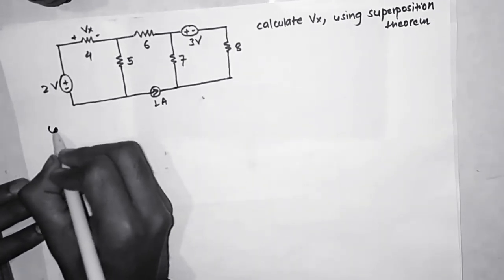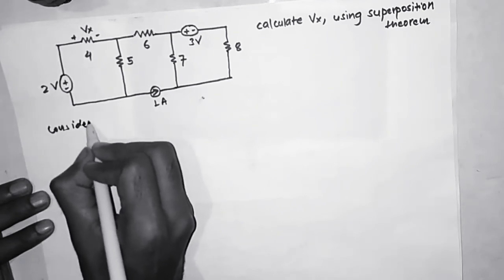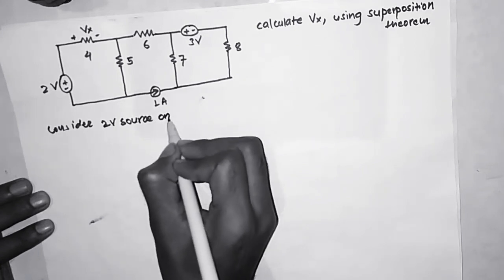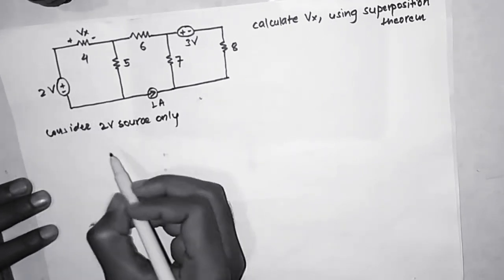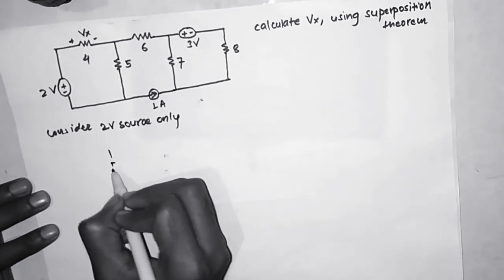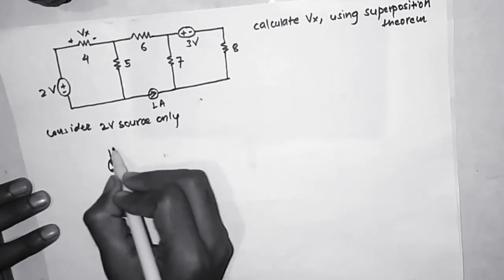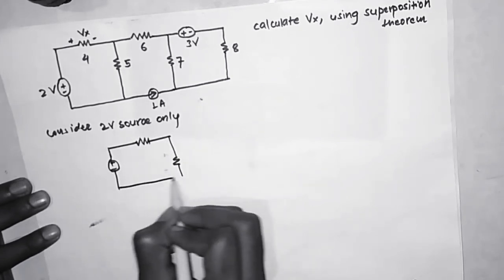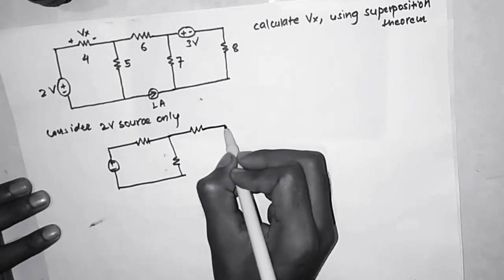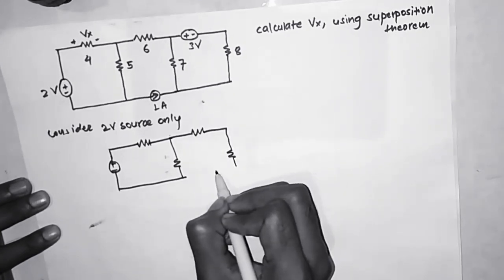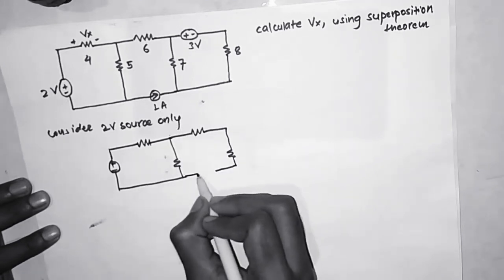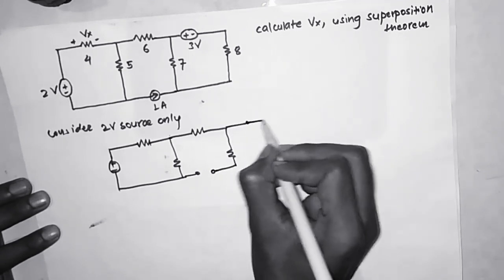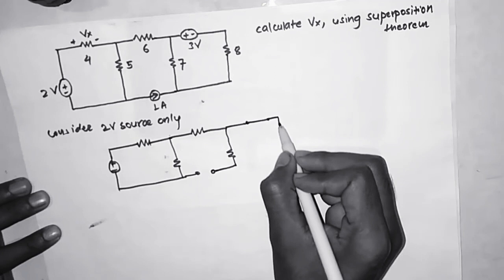So first we'll consider this 2 volt source only. After considering this 2 volt source, the 1 ampere current source is open circuited, since a current source is open circuited and a voltage source is short circuited, so the 3 volt source is short circuited.